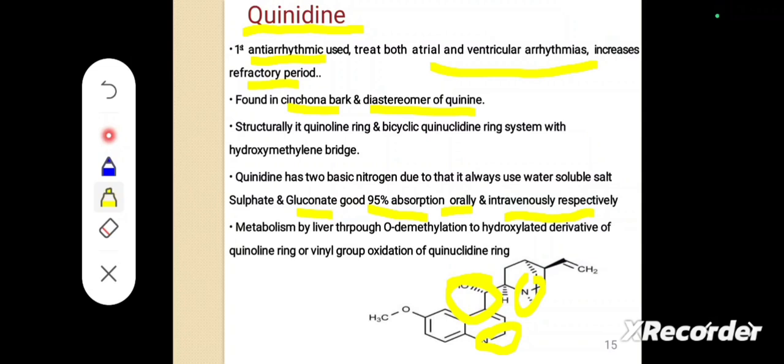Quinidine is metabolized in the liver through O-demethylation to a hydroxylated derivative of the quinoline ring. In the quinuclidine ring, oxidation occurs at the vinyl group. So these are the metabolites of quinidine.